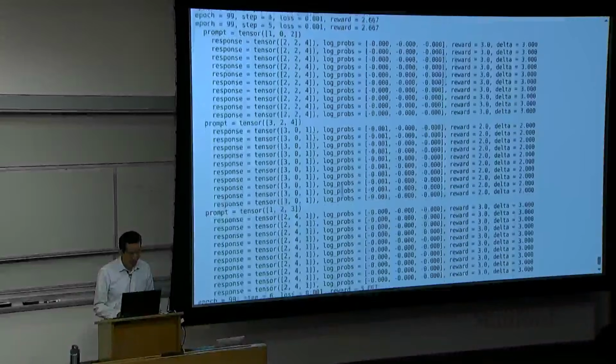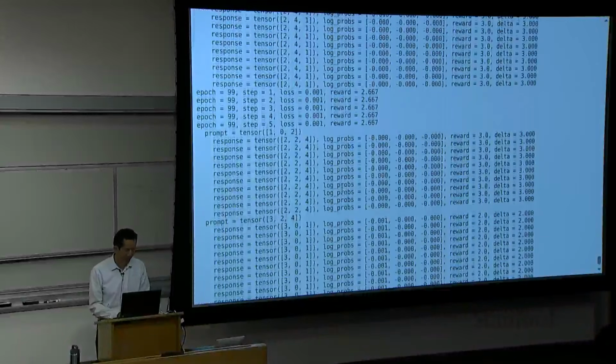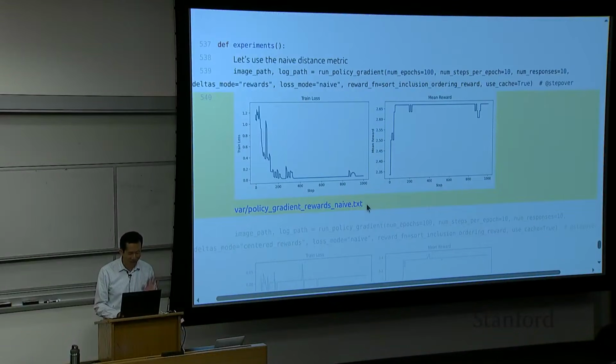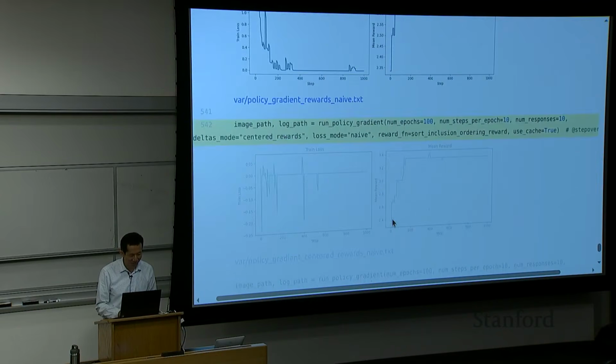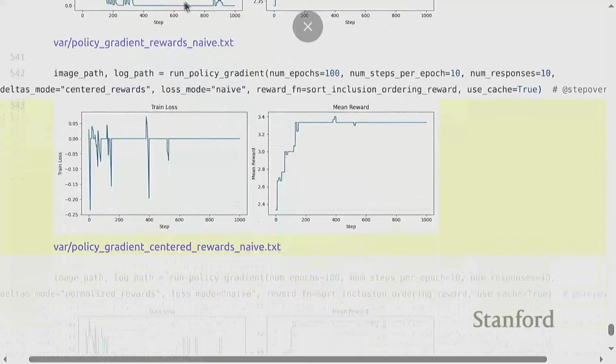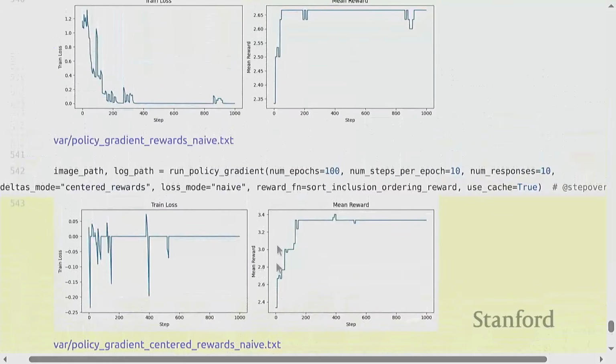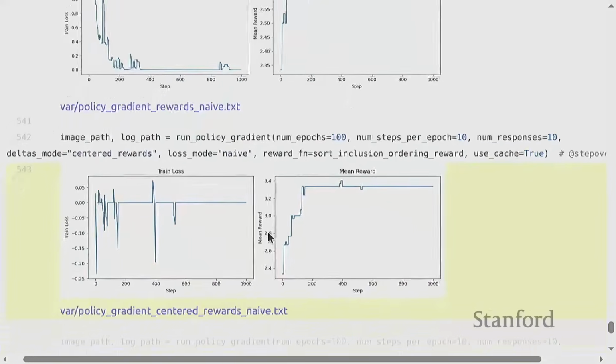So it's not terribly great. I actually haven't looked at the other examples, so it'll be exciting to see what happens here. Here we're using the centered rewards. And you see the mean reward is getting higher, past 3 instead of 2, which is promising.